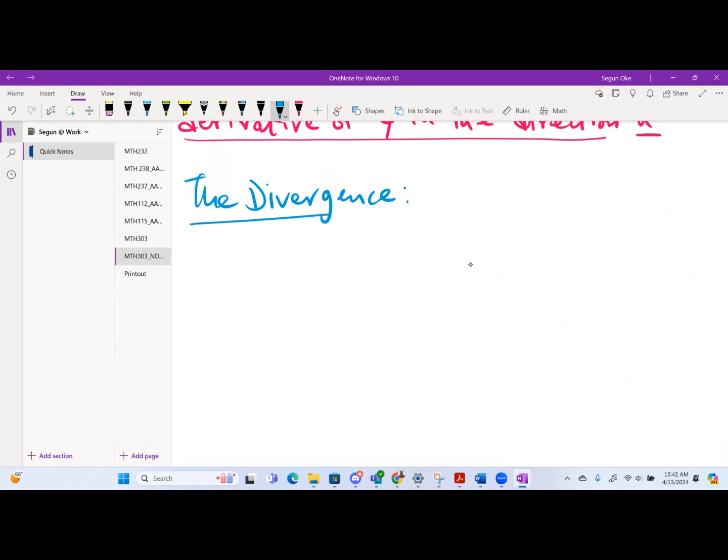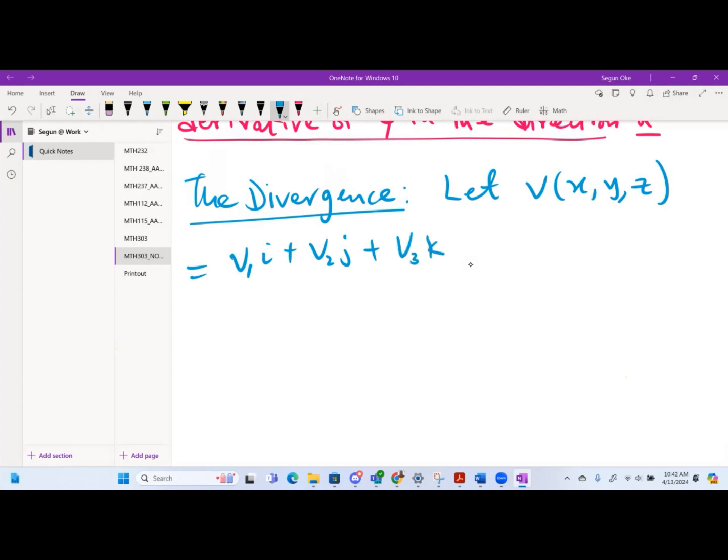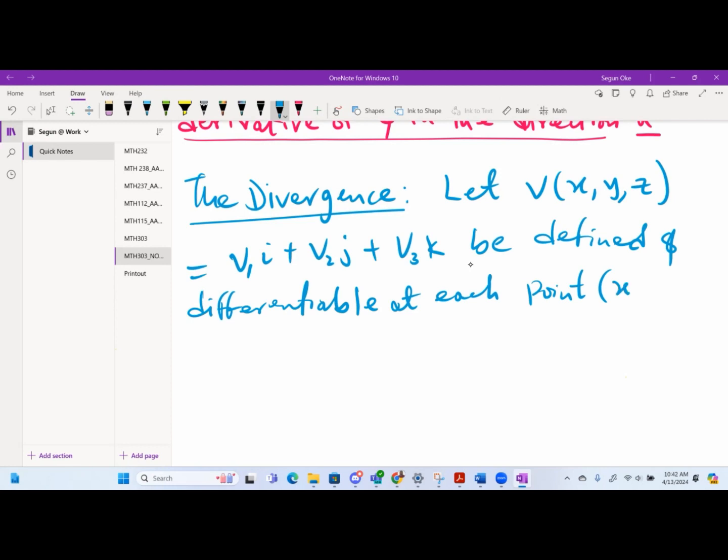The divergence is this. Let V of x, y, z equal v1 i plus v2 j plus v3 k be defined and differentiable at each point of x, y, z in a certain region of space.